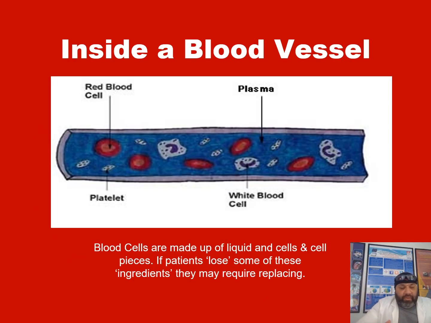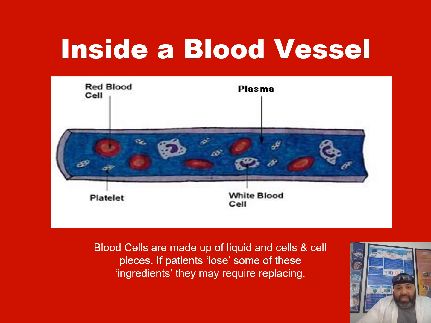In this slide, I'm just going to give a highlight of what a blood vessel looks like inside. This is an illustration, and I'll give the reference for this at the end of this slide set.